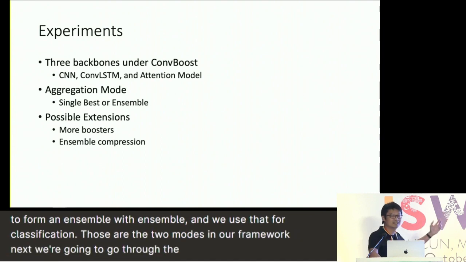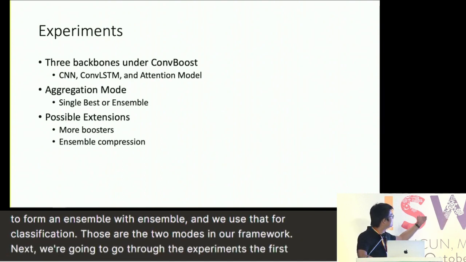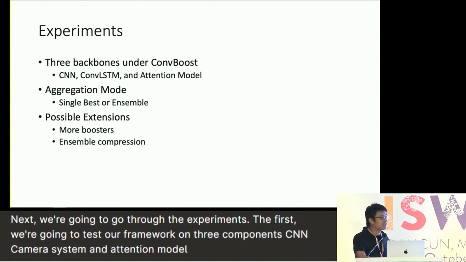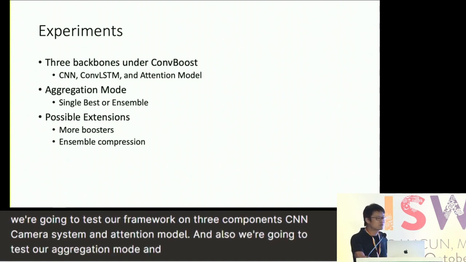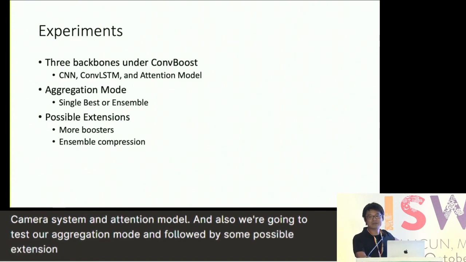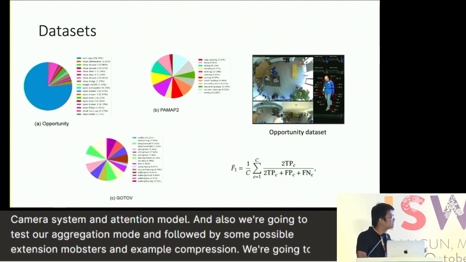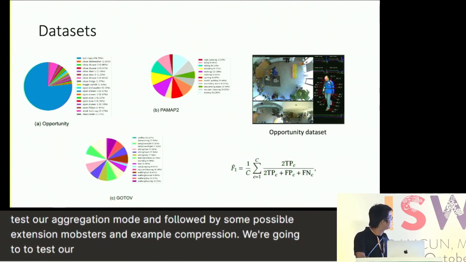First, we're going to test our framework on three ConvNets: CNN, ConvLSTM, and an attention model. We're also going to test our aggregation mode, followed by some possible extensions: more boosters and ensemble compression. We test our framework on three public datasets: Opportunity, PAMAP2, and GOTV.